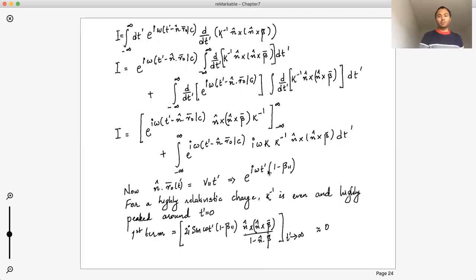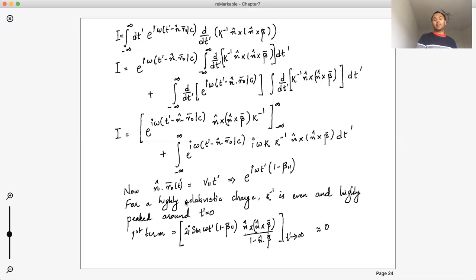So this whole exponent is going to be of the order e to the power i omega t prime (1 minus beta parallel), right? That's the rough value of that exponent, where v parallel is the velocity along the line of sight to the observer. So again, I'm assuming that the particle is very far away from the observer. So v parallel is kind of a quasi-constant value through the trajectory which I just described.